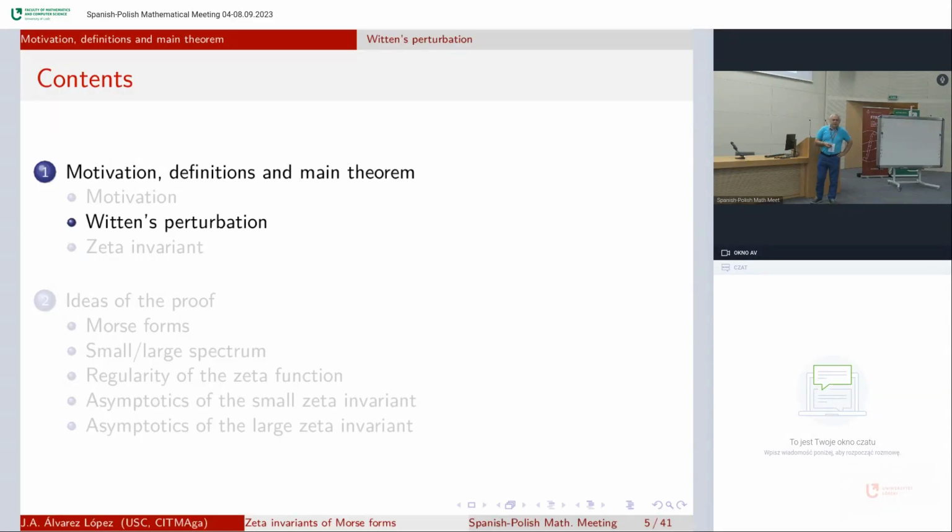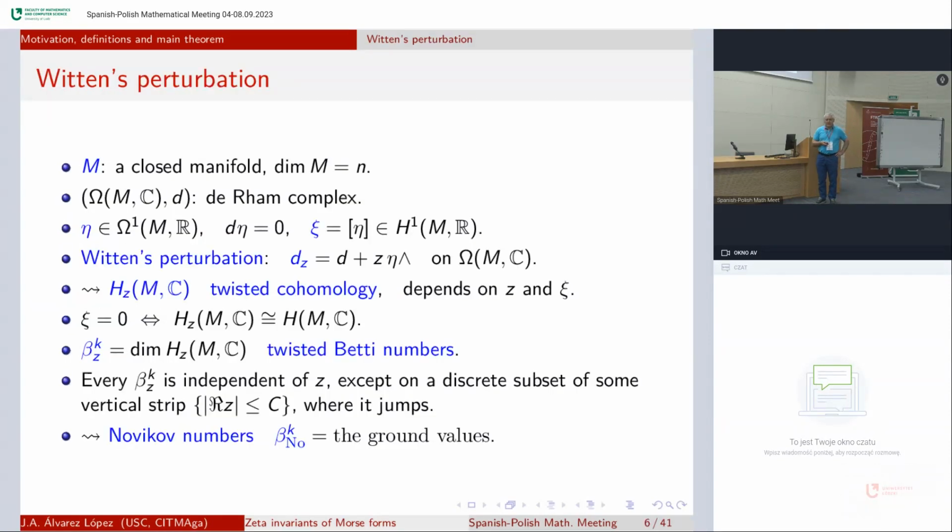To describe this Zeta invariant, I have to recall Witten's perturbation of the de Rham complex. So M is a closed manifold of dimension n, and we consider the de Rham complex with coefficients in complex numbers. Eta is a real one-form which is closed, and it defines a class I call psi.